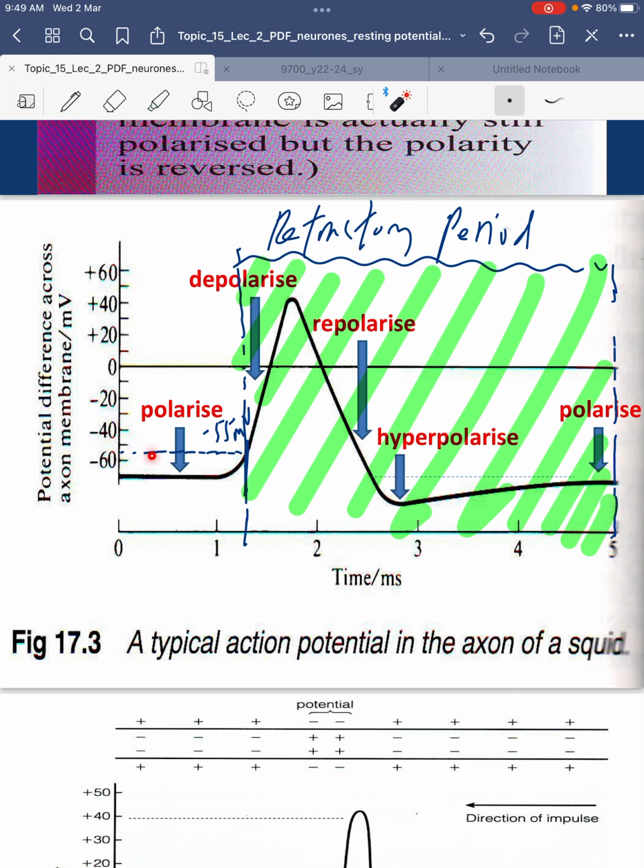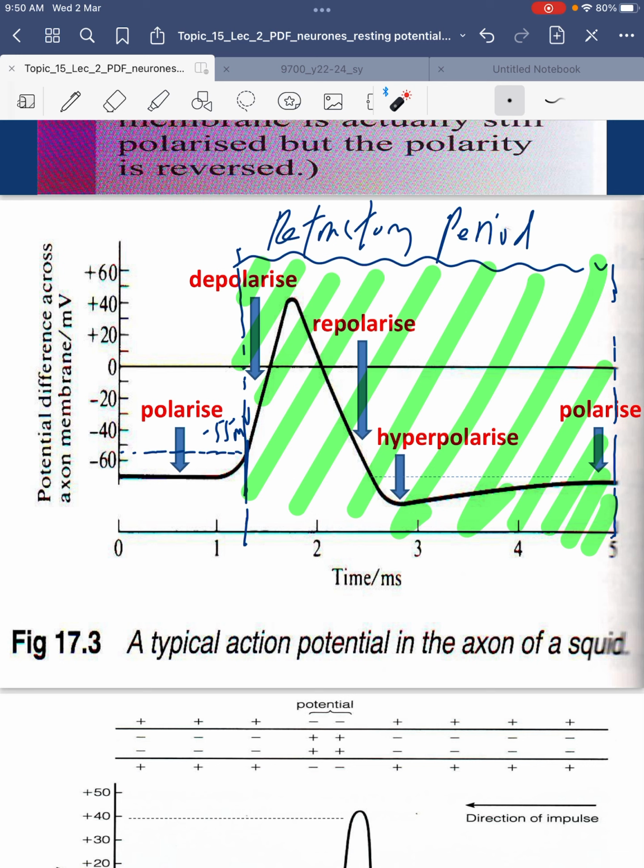When it's minus 55 millivolt, that's the starting point of the refractory period, which is the threshold value. So what it means is that in order for action potential to occur, it must have enough stimulus. The amount of stimulus must be strong enough in order for the action potential to occur.